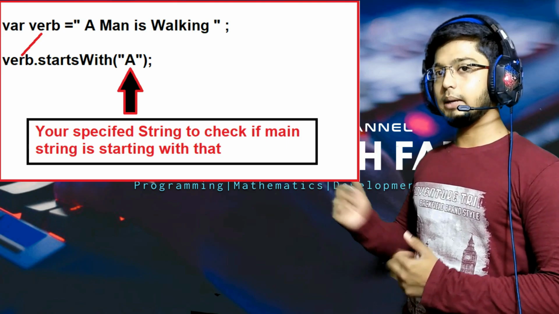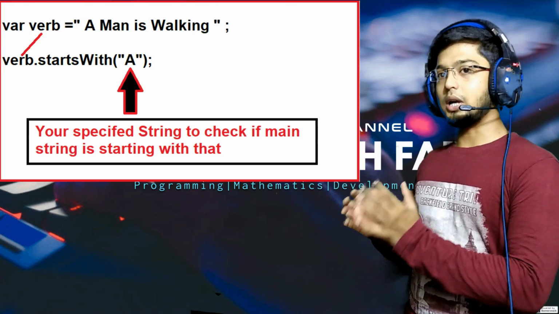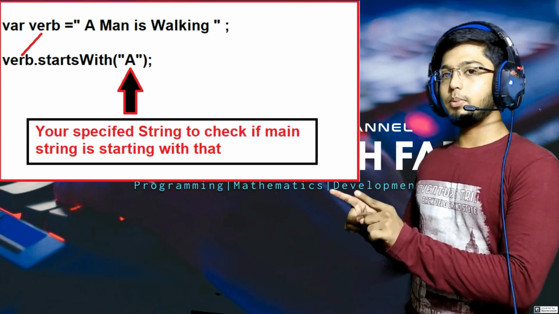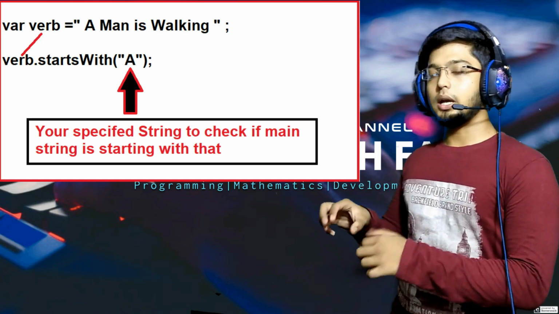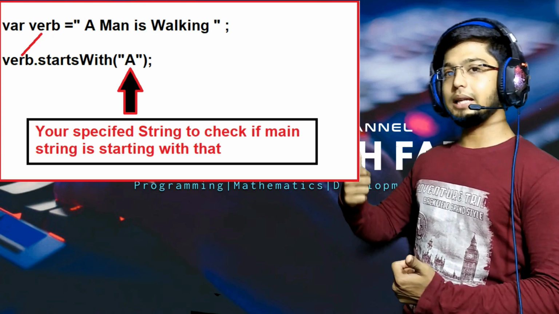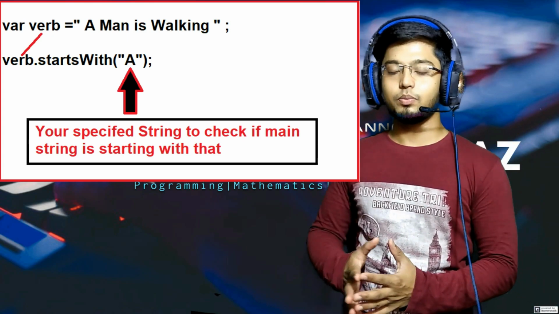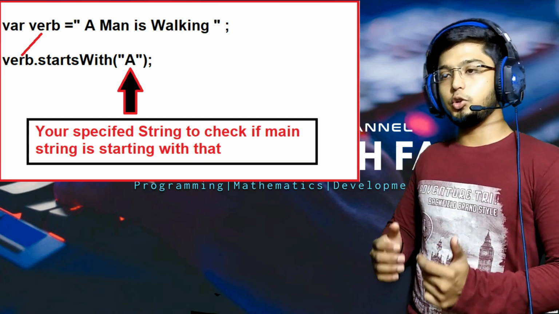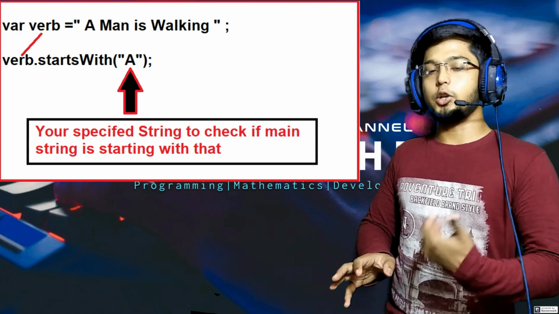You will take that variable name, put a dot, then put this method startsWith with opening and closing parentheses. Between the parentheses, you give a string that you want to check if your main string, man is walking, is starting with. You can check if your main string is starting with a string that you want to specify.